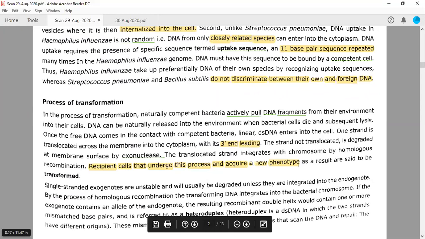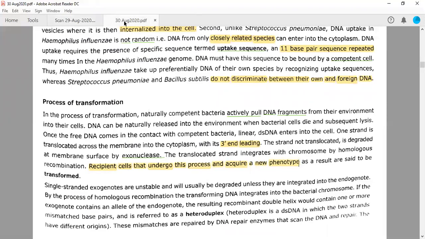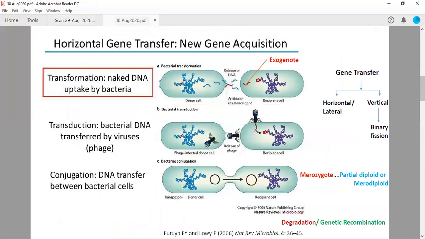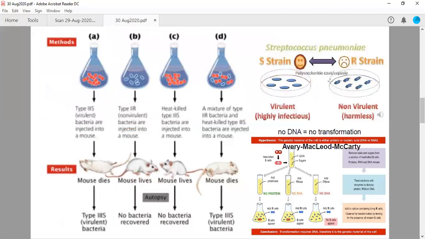Single-stranded exogenotes are so transformed, as we have seen in one example. For example, in case of Streptococcus pneumoniae, in the Griffith experiment, they are transformed. So this rough strain has one mutation which makes it unable to make the polysaccharide capsule over the cell. Therefore, they have this rough appearance.